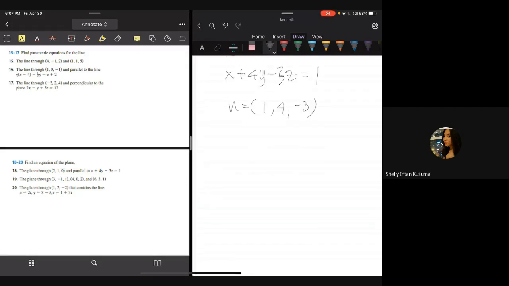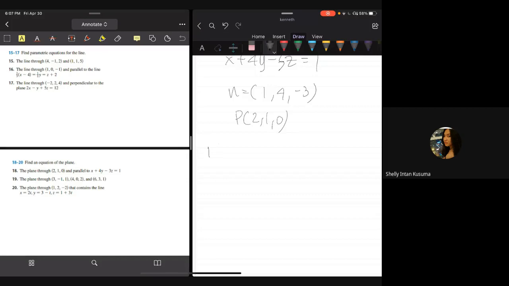And it passes through point 2, 1, 0. So we can get the equation 1(x minus 2) plus 4(y minus 1), sorry, minus 3(z minus 0) equal to 0. Or we can just simplify it to x plus 4y minus 3z equal to 2 plus 4.